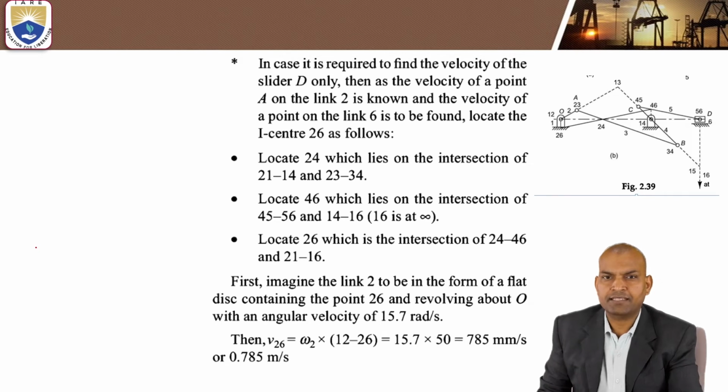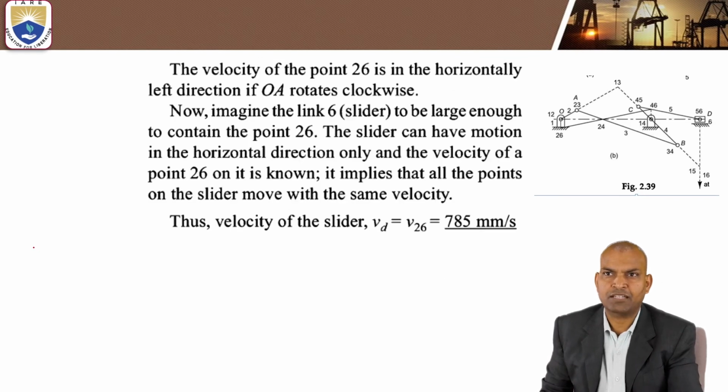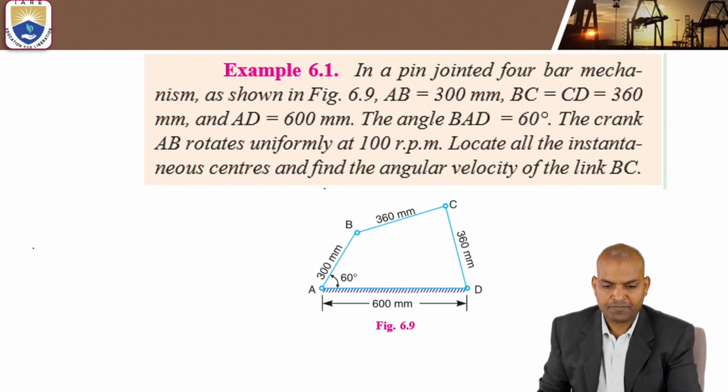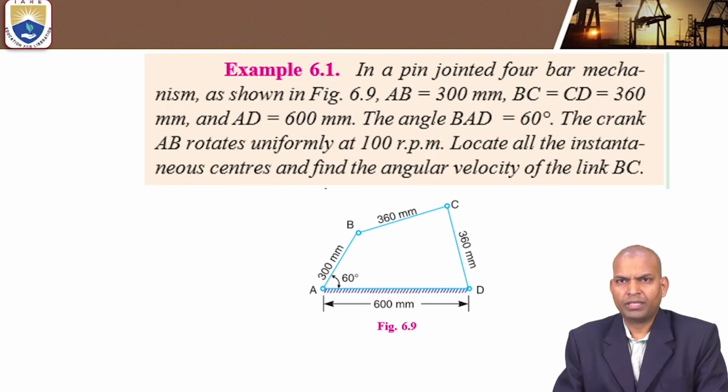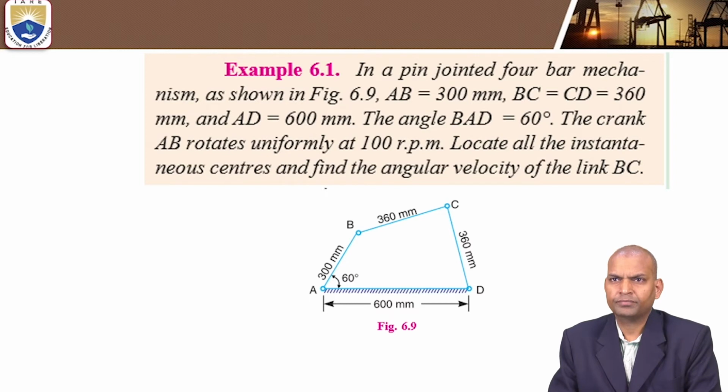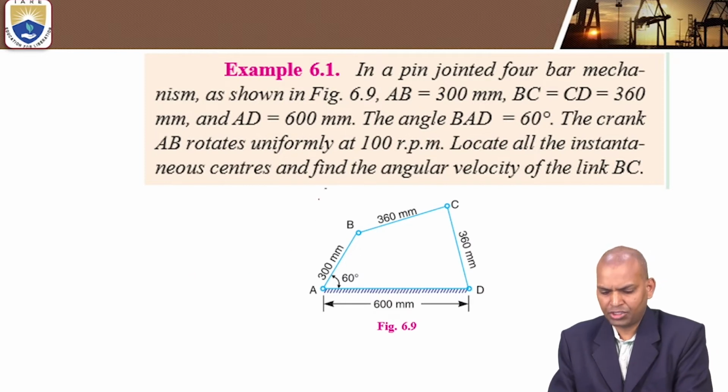So in the slides I have shown all the procedure, how to calculate all the links. So in a pin jointed 4-bar mechanism as shown in figure, AB equal to 300 millimeters, BC equal to 360 millimeters, CD equal to 360 millimeters, and AD equal to 600 millimeters.